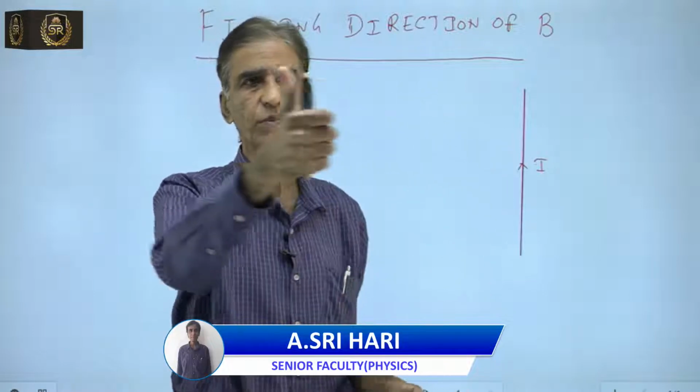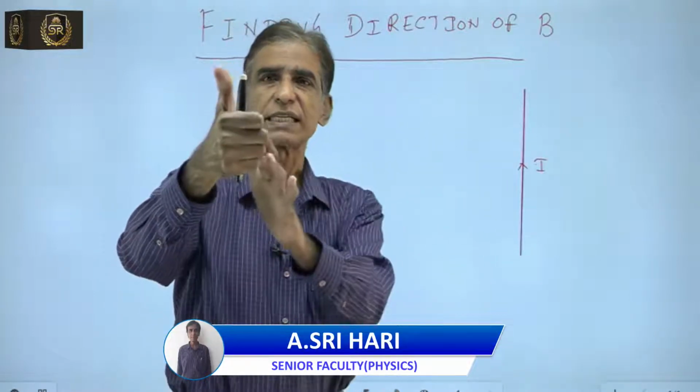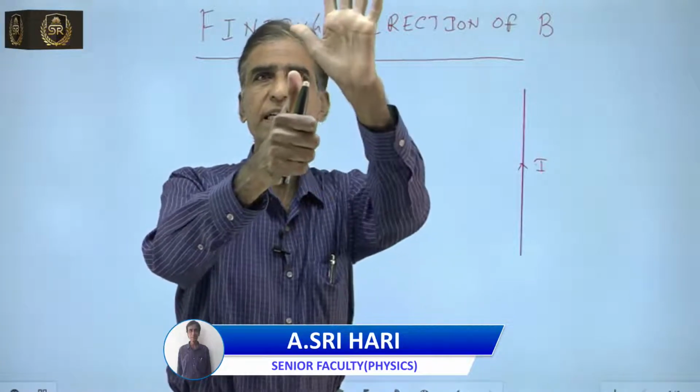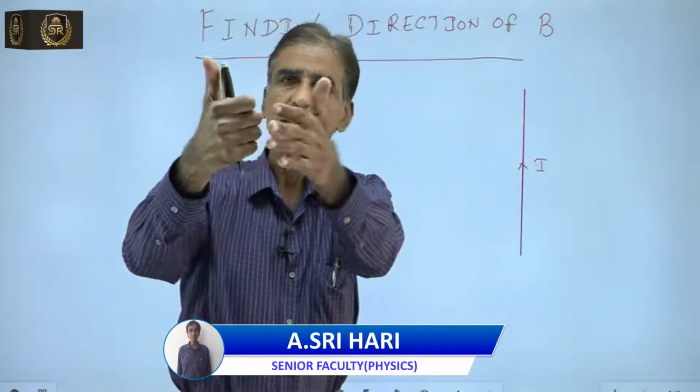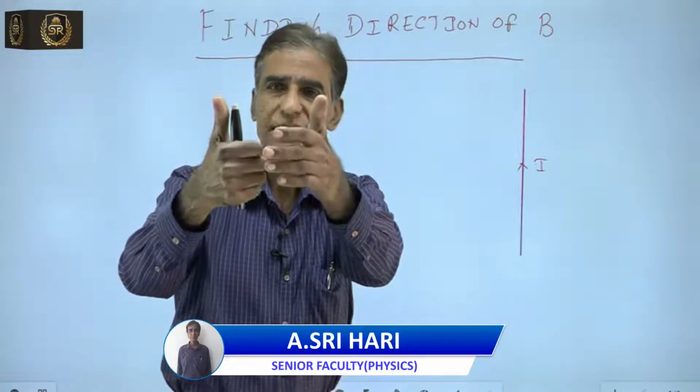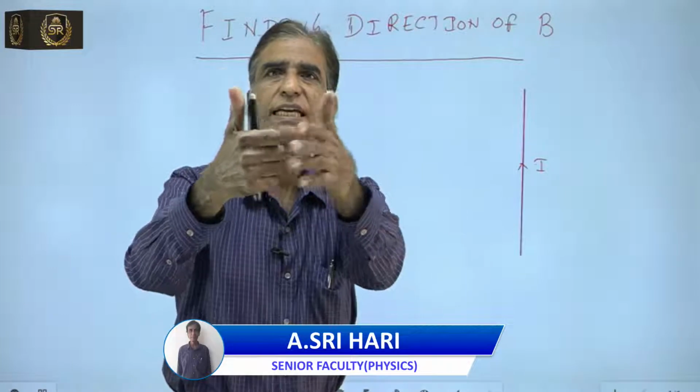Just see the diagram, how I hold it. This is the direction of current, upward. Thumb is in the upward direction. Then the curled fingers will indicate the direction of the magnetic field line.